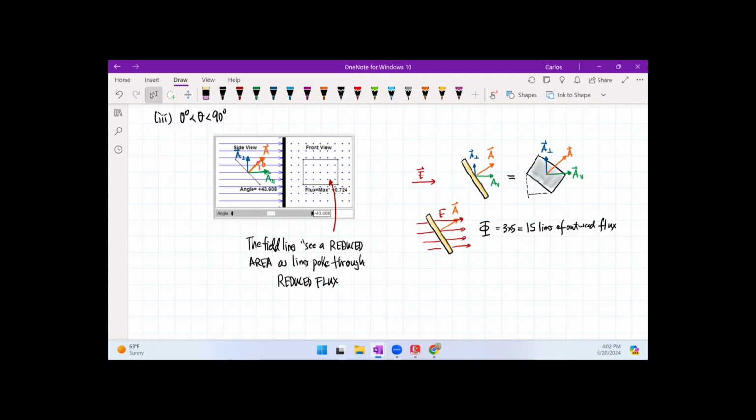So now the last thing here is let's just summarize everything that we did. Okay, so let's look at this mathematically. So mathematically, let's summarize the flux.